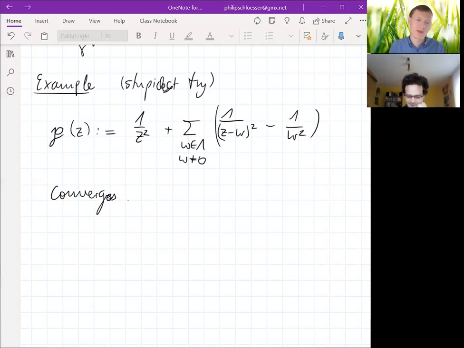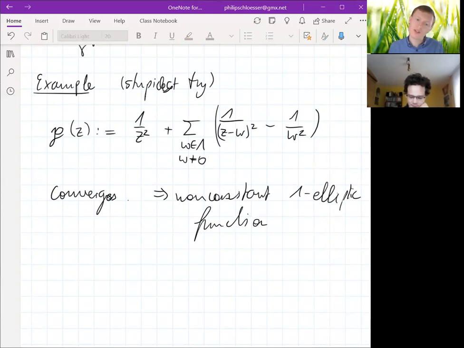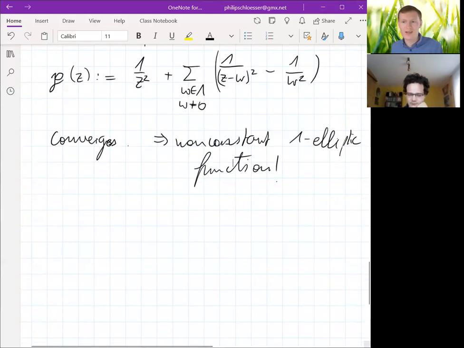Converges, non-constant lambda elliptic function. Nice. And it's called the Weierstrass P function.